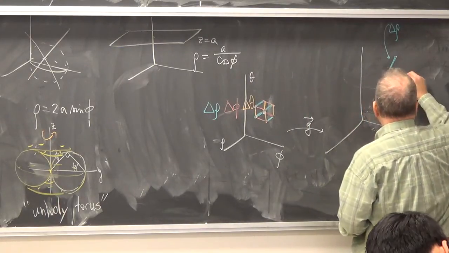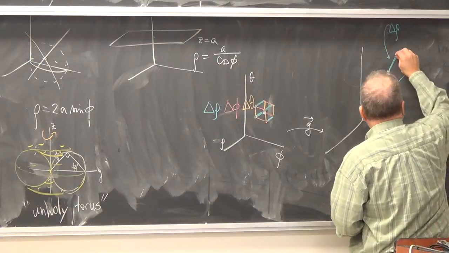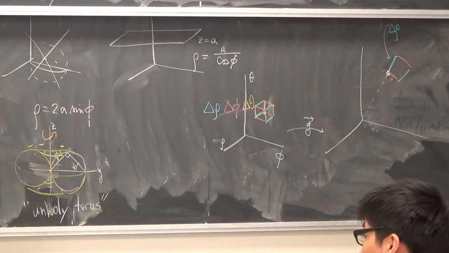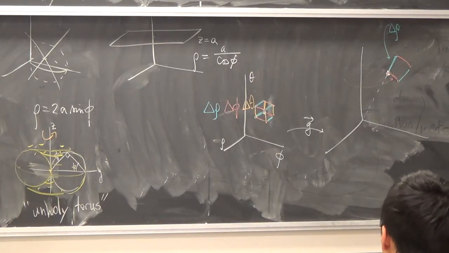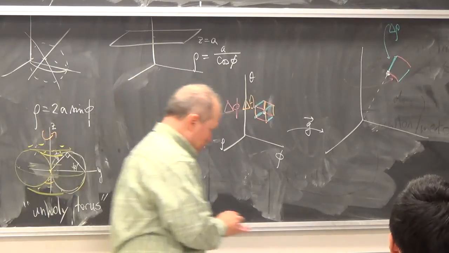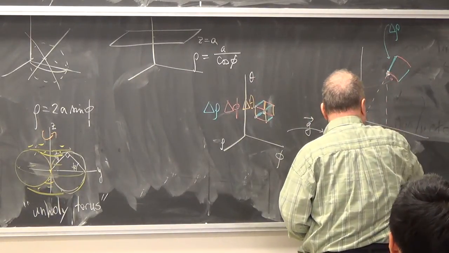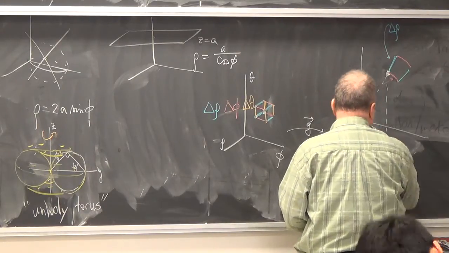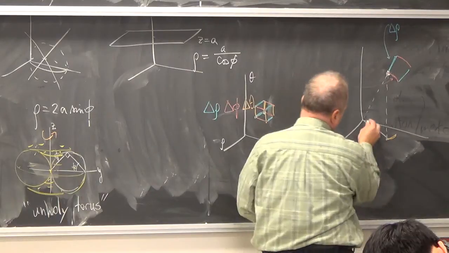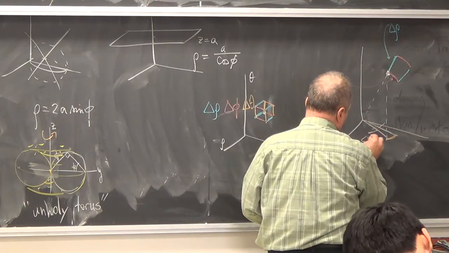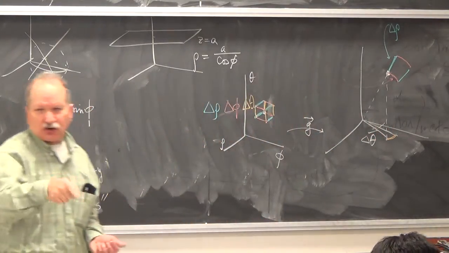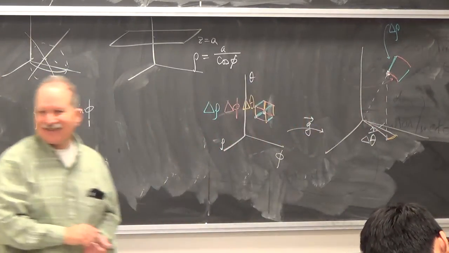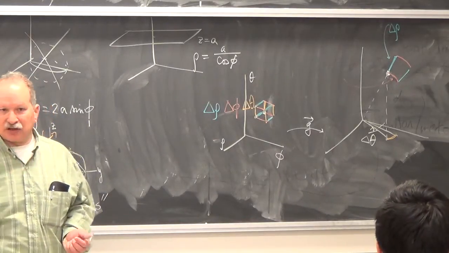So at this point I have myself a little parallelogram that's curvy, but I haven't varied theta yet. So what does theta do? Well, you come down here, and if you imagine varying theta, that's going to move you on an arc of a circle. If this is delta theta here, it's going to move you on an arc of a circle in the xy plane that has radius r, laterally.